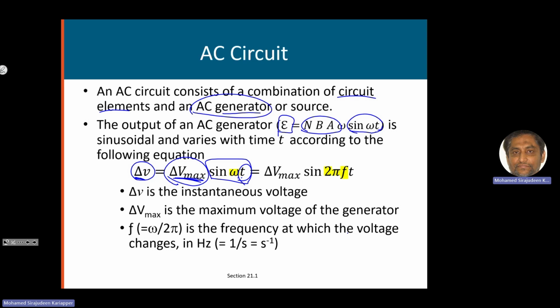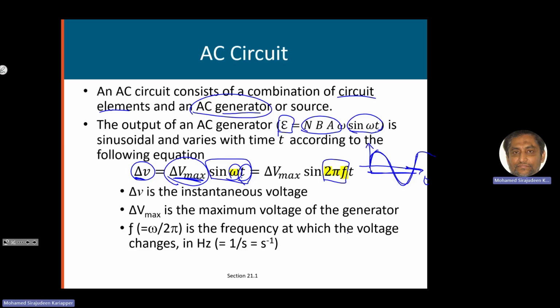So here there are some other equations that come in. This omega, which corresponds to the rotating velocity of the coil in the AC generator, we can give in terms of the frequency of the sine wave. Frequency means what? You know the voltage changes with time in this cyclic manner.